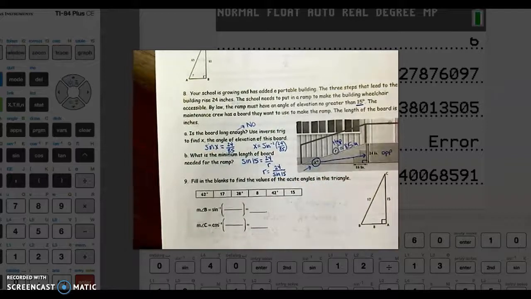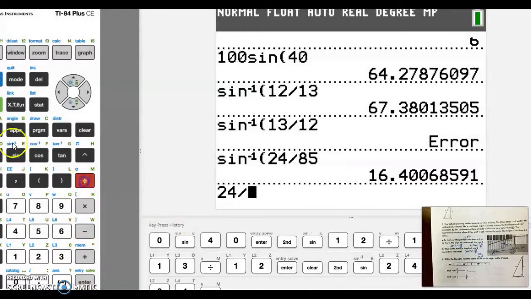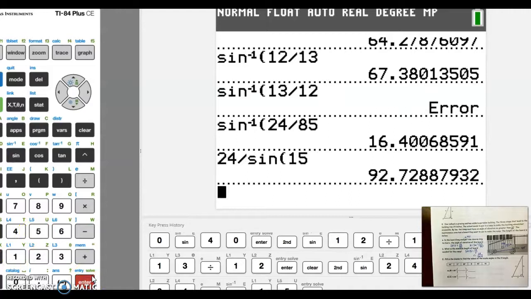So that's what I'm going to put in my calculator: 24 divided by the sine of 15. So it looks like my board, it doesn't tell me really what to round to, so we'll just round to the nearest whole number. My board needs to be at least 93 feet long.